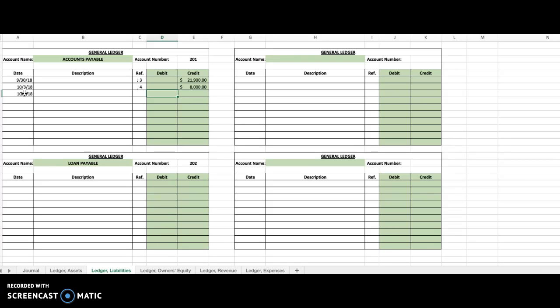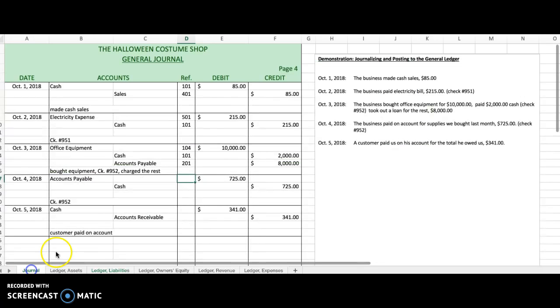Liabilities decrease on the debit side. That is a debit, which means a decrease in accounts payable. We owe less. Again, the account number 201 goes here. So the previous transaction, we owed more money, we credited. This time we owe less money, we debit. And again, cash is credited as well.